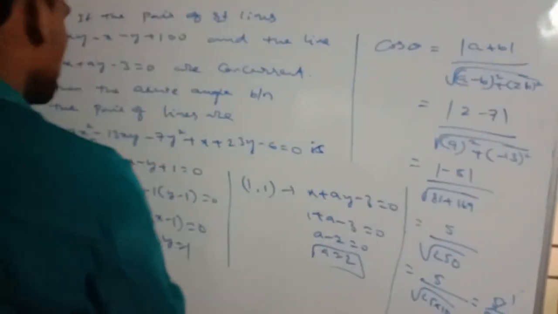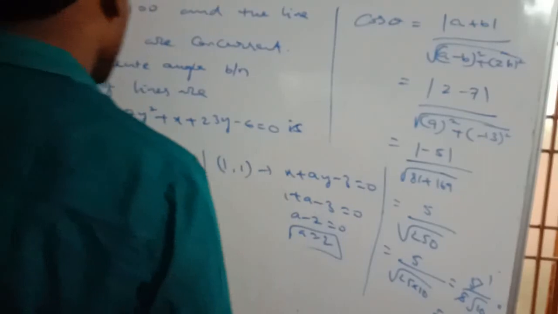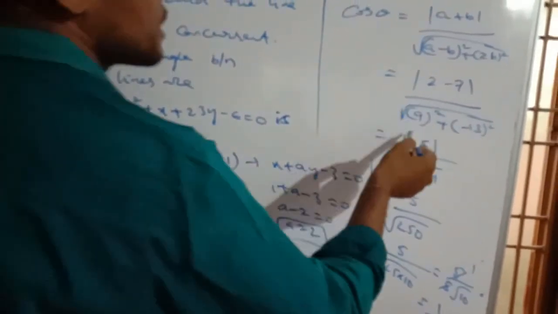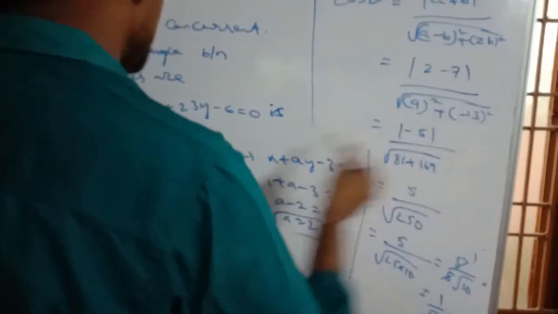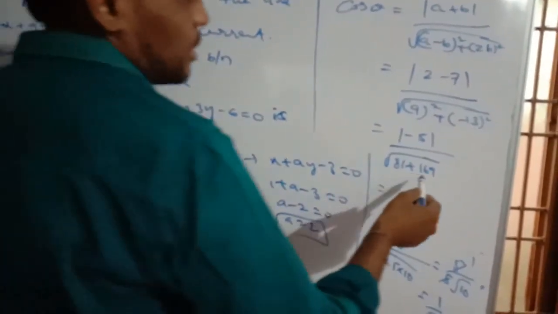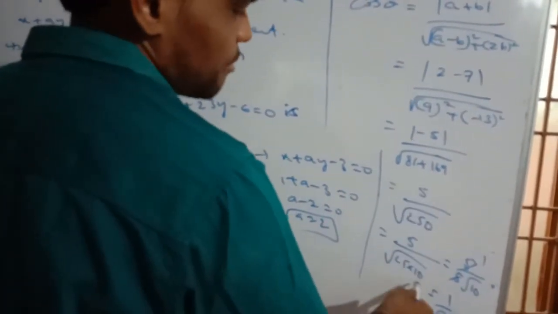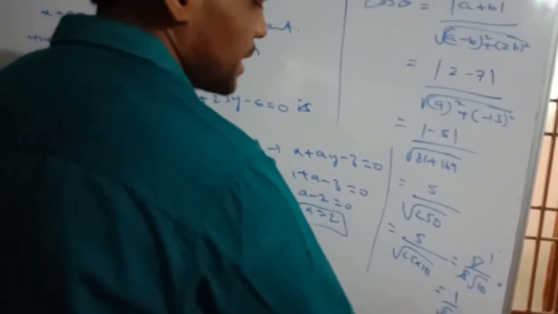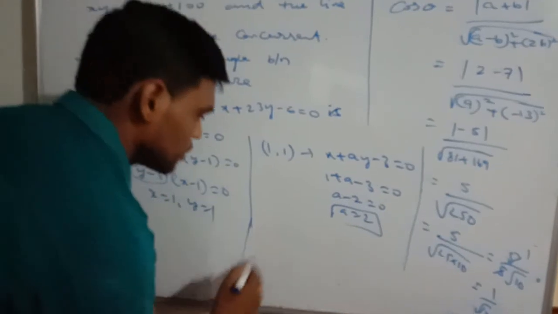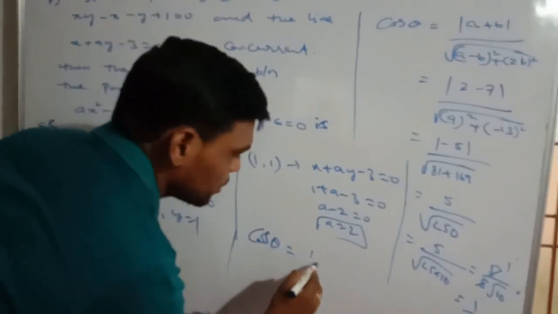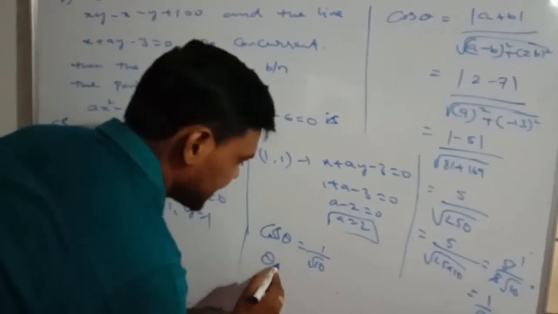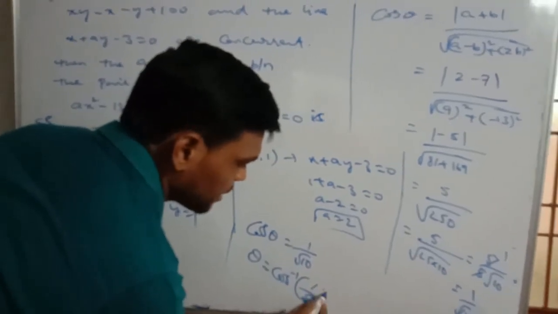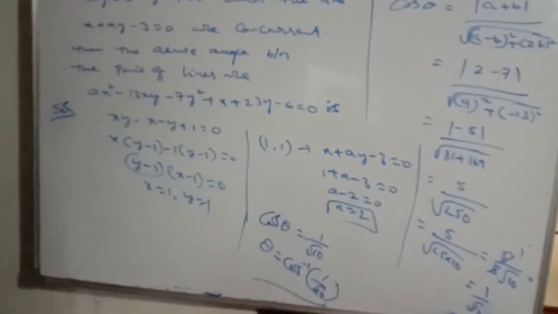Here a is 2, b is minus 7, that is minus 5, and a minus b whole square is 2 minus of minus 7, that is 9 whole square, that means 81, and 2h is minus 13. Now 169, 250, 25 into 10, 5 root 10, 5 cancel. This is 1 by root 10. Now cos theta is equal to 1 by root 10 and theta is equal to cos inverse of 1 by root 10. Okay, write down.